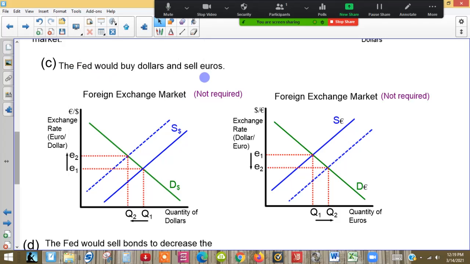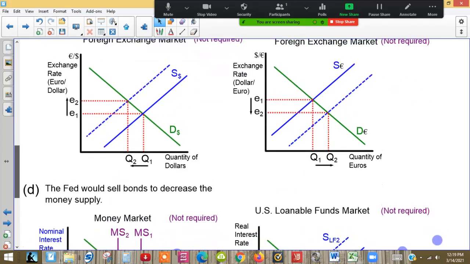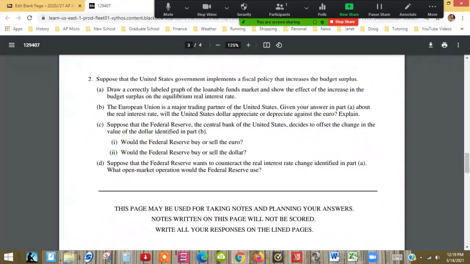Part D. We're asking, suppose the Federal Reserve wants to counteract the real interest rate change identified in Part A. What open market operation would the Federal Reserve use?